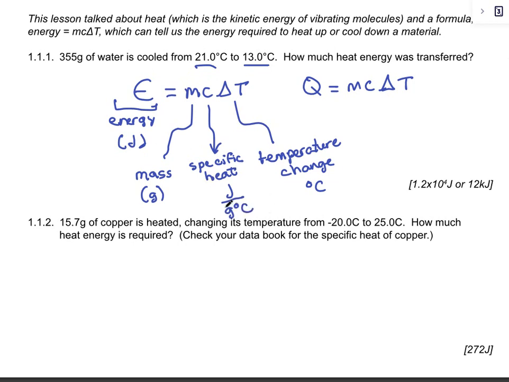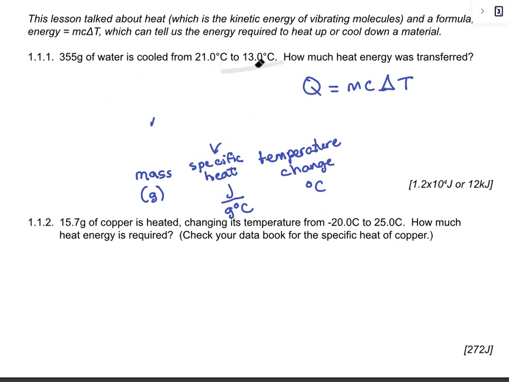So this is saying for every gram of material that you heat up by 1 degree, it's going to cost you this many joules. And if there are more grams, it'll cost you more. If there are more degrees of temperature change, that'll cost you more, but they're all multiplied by whatever the specific heat number is. So let's try this out and see if we can defeat some practice problems.